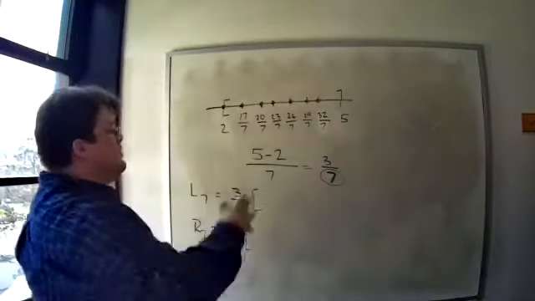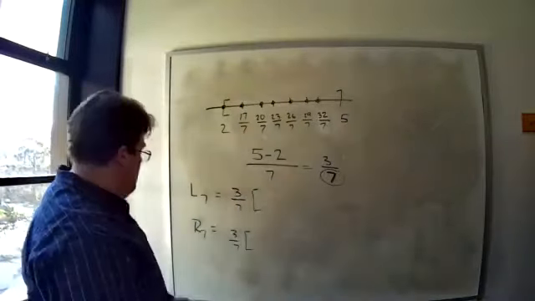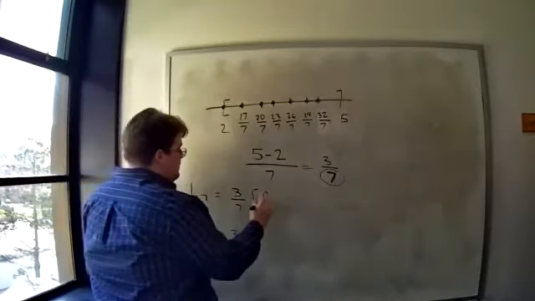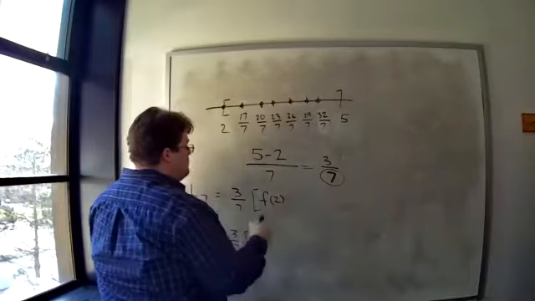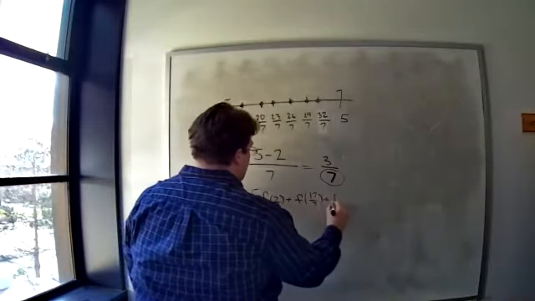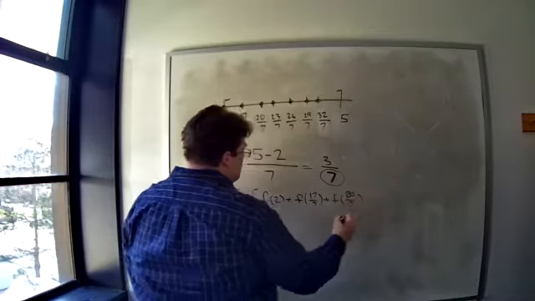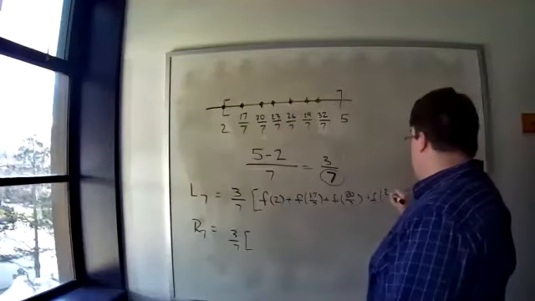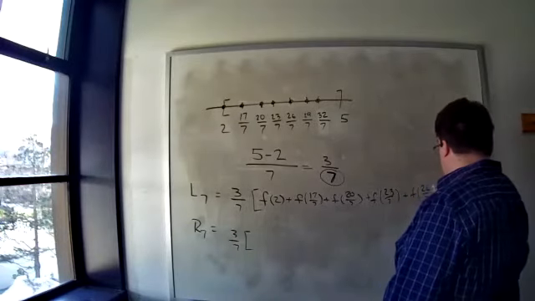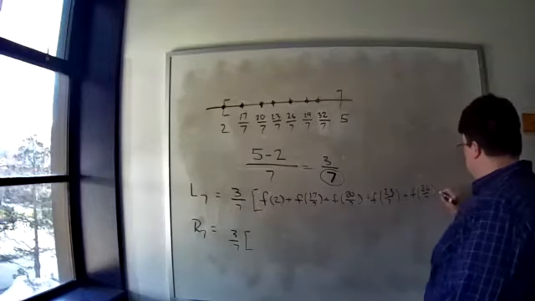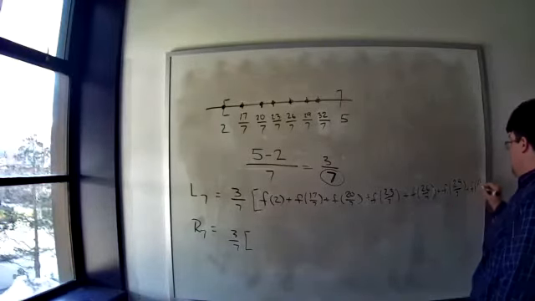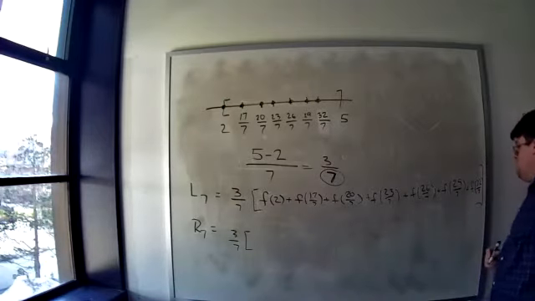They were just to observe the sequence. So the first rectangle is formed on 2, so f of 2, and then we keep going: f of 17/7 plus f of 20/7 plus f of 23/7 plus f of 26/7 plus f of 29/7 plus f of 32/7.